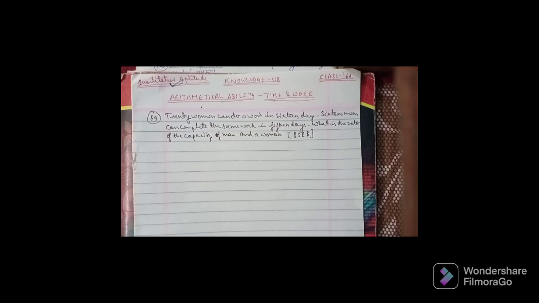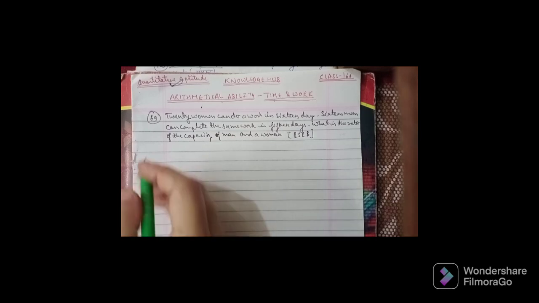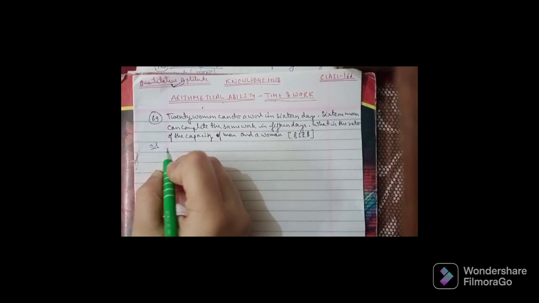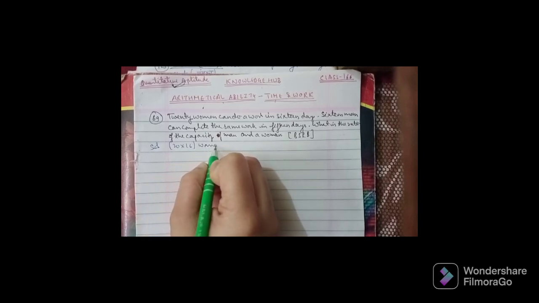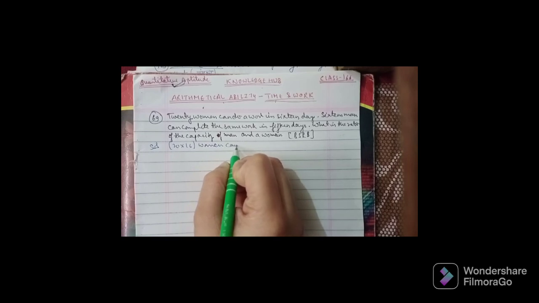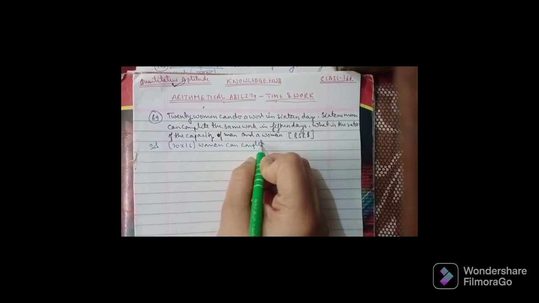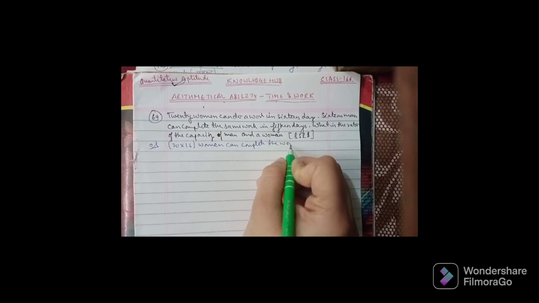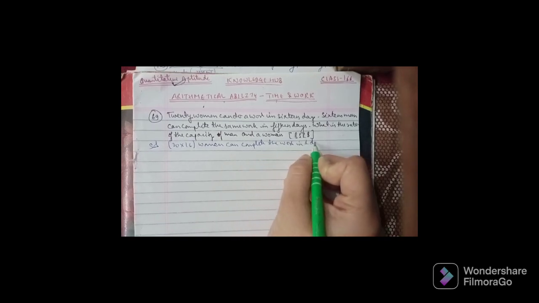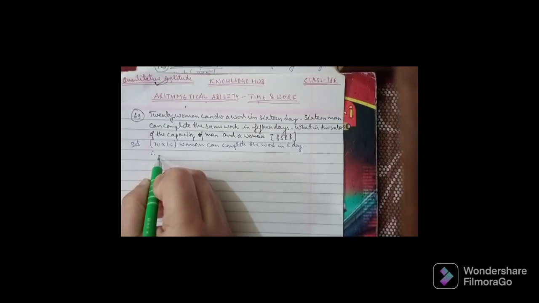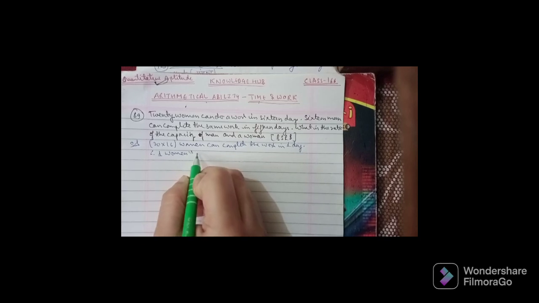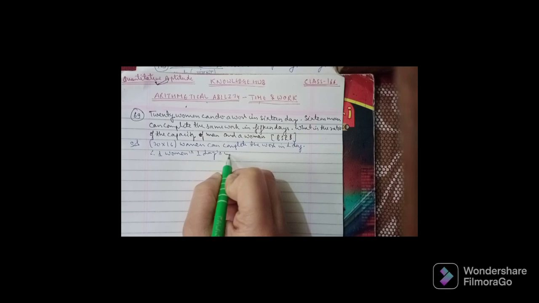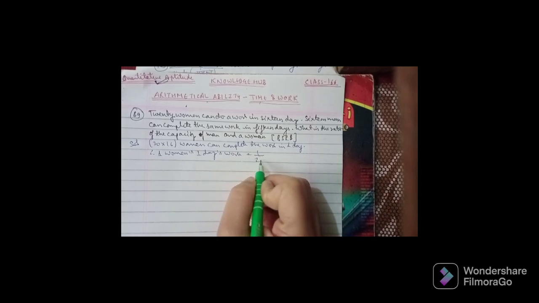20 into 16 women can complete the work in one day. So 1 woman's 1 day's work equals 1 upon 320.